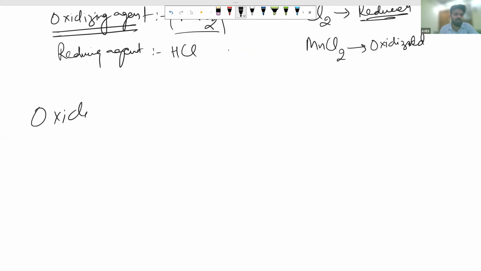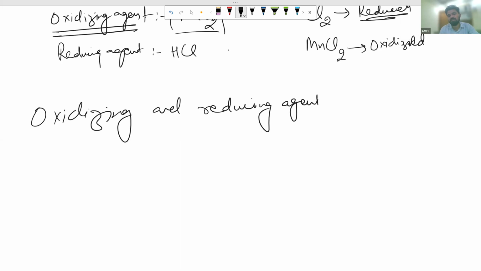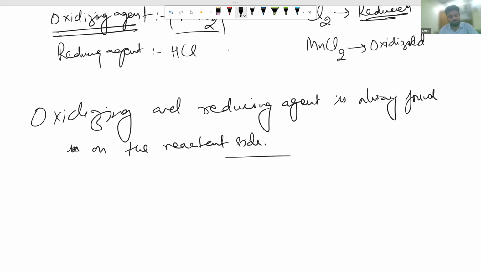Oxidizing and reducing agent is always found on the reactant side. Put it down.